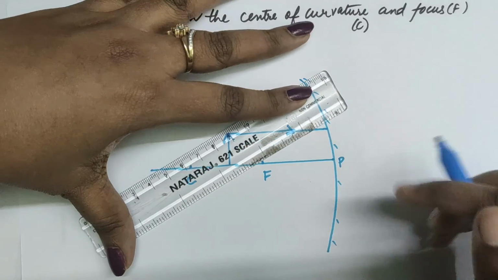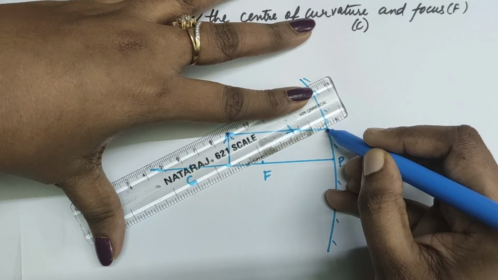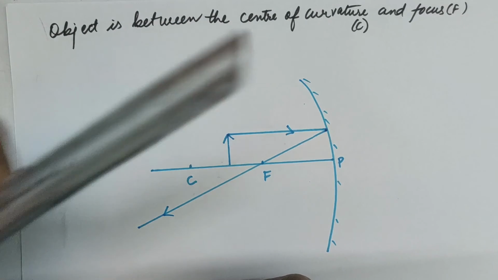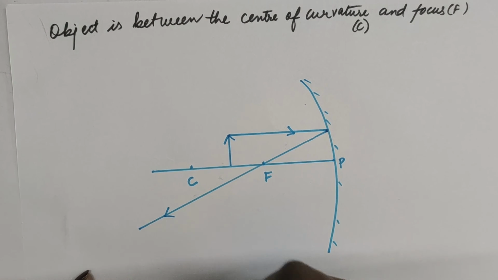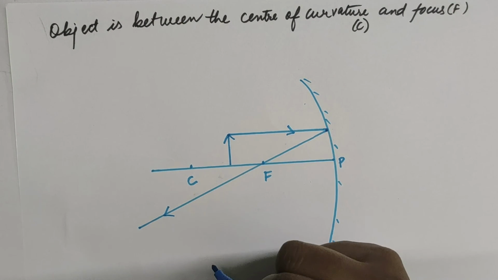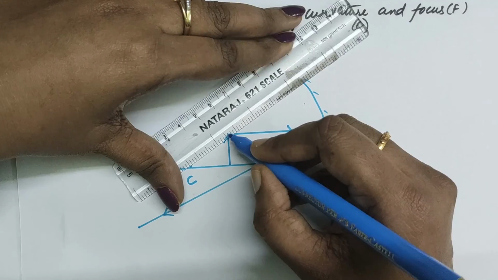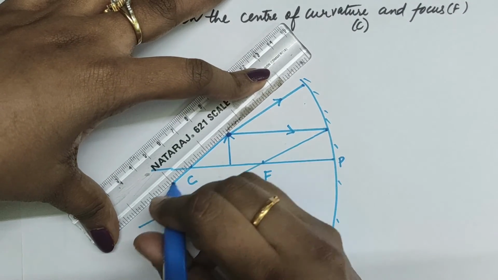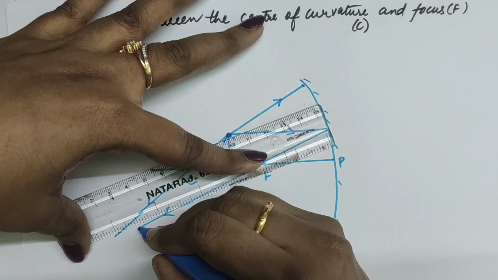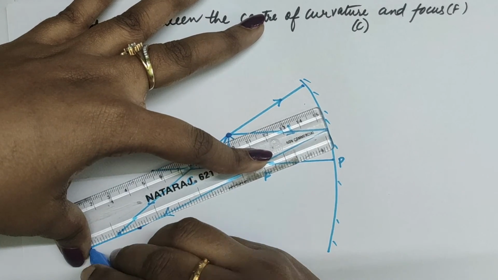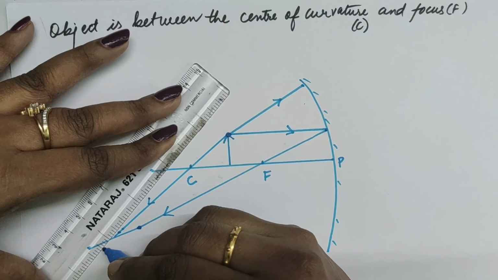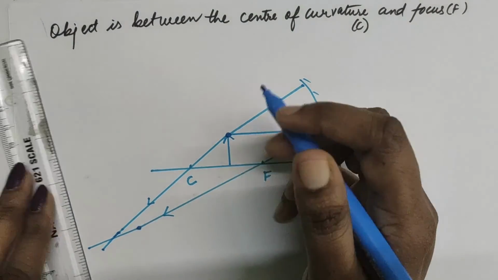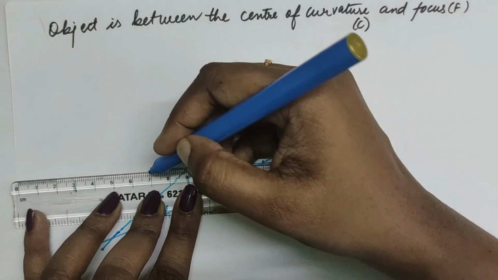So, I will draw it in such a way that it passes through the focus. We don't know where it's going. Now, another ray we will take, which will seem to be coming from the center of curvature. And then when I meet these 2 lines, you can see that it is meeting at a certain point. So, I am just extending my line.